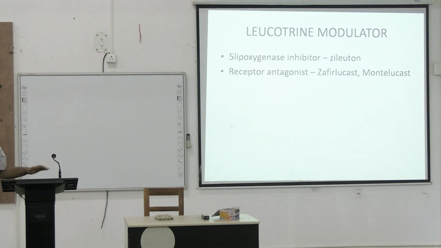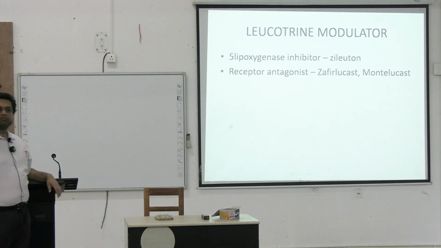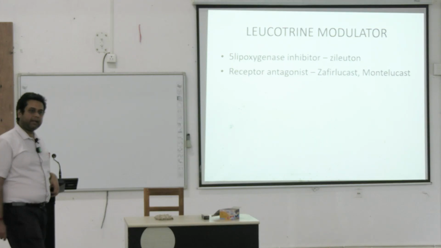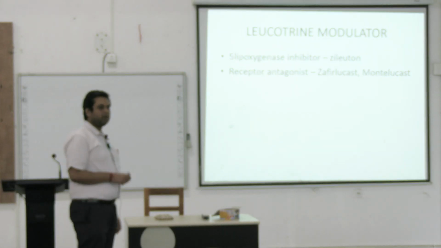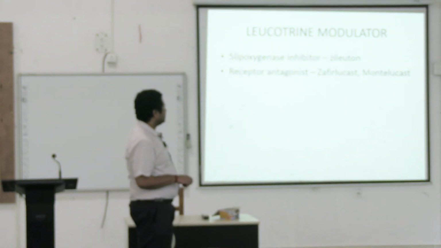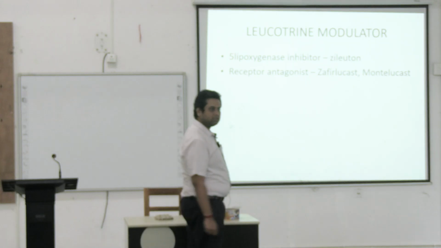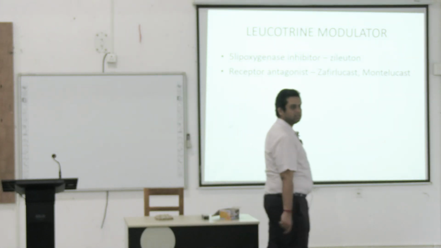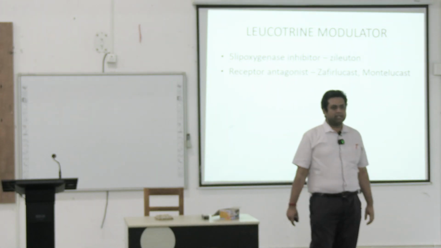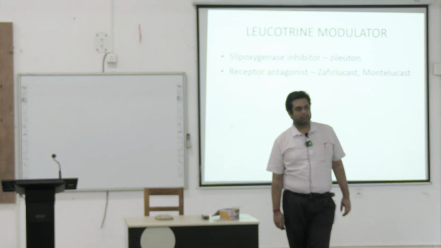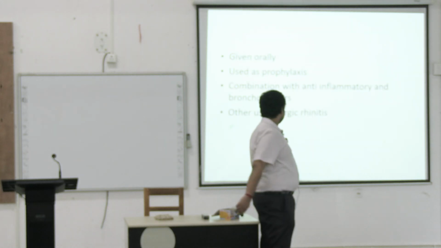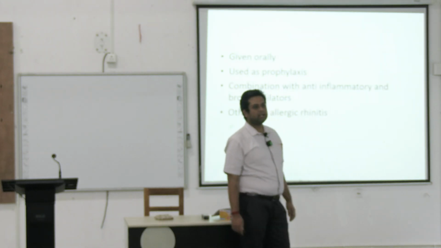Once the reaction starts, they cannot terminate the asthmatic reaction. Montelukast has some other uses too; it is used in other allergic conditions like allergic rhinitis. So given orally, used for prophylaxis and allergic rhinitis.